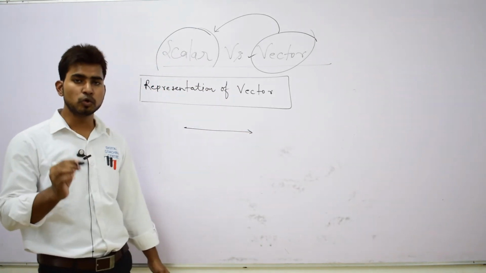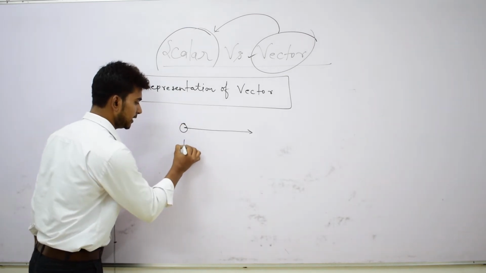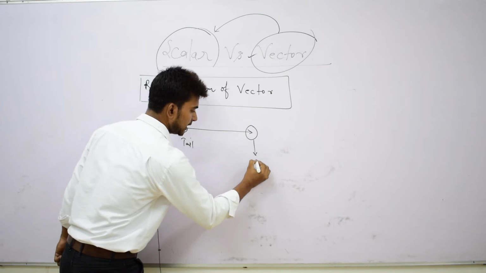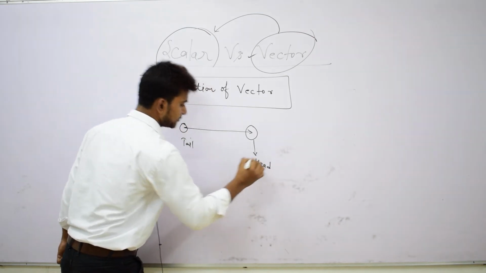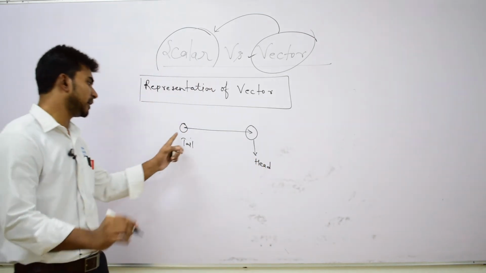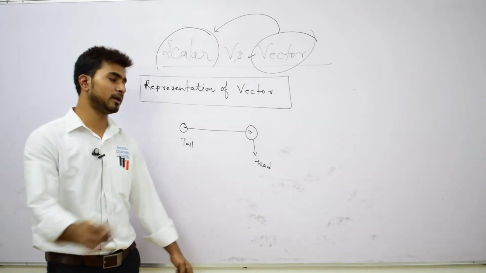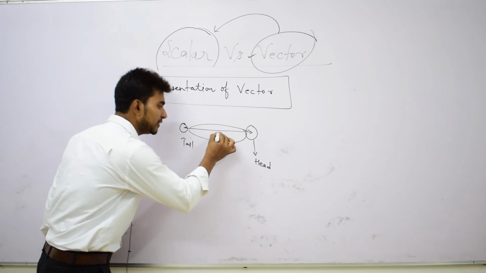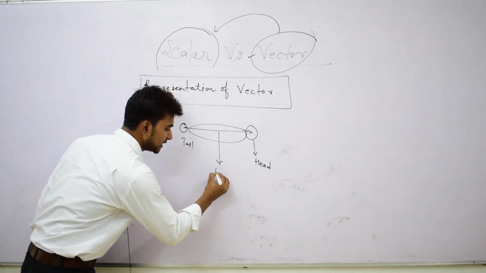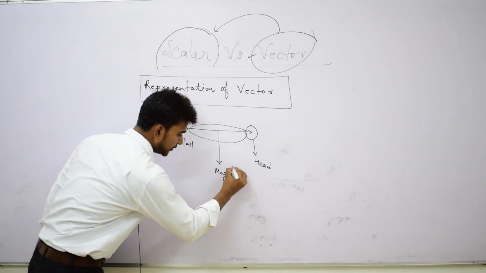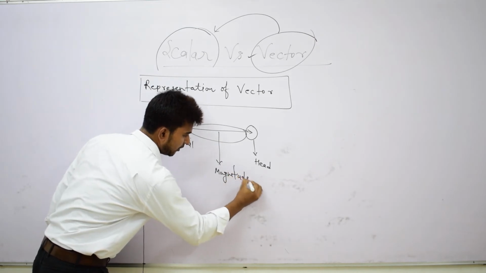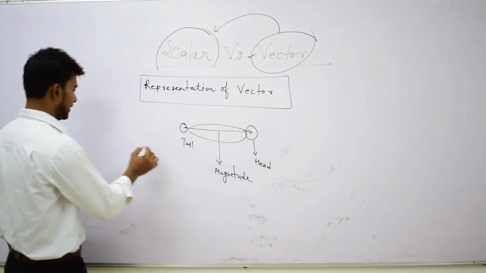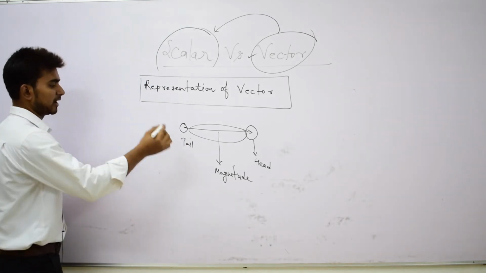It has two ends, one is the tail portion and the arrowhead is the head portion. Vector starts from the tail and ends at the head, and the length of this arrow gives the magnitude of the vector.